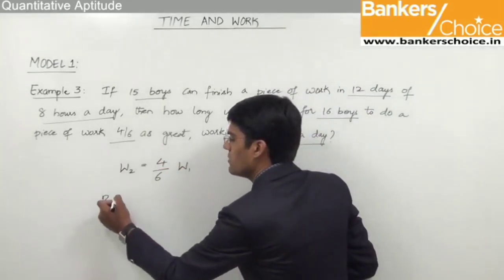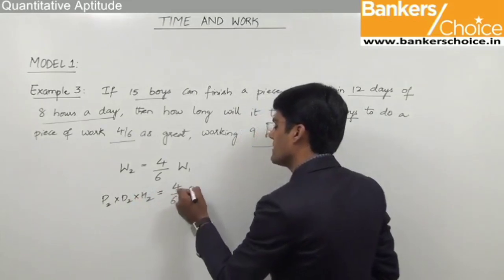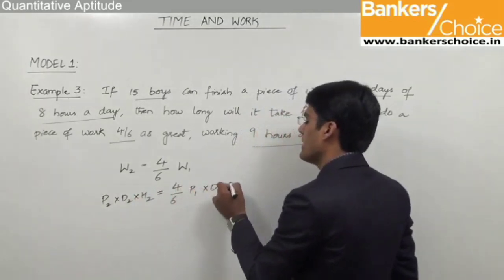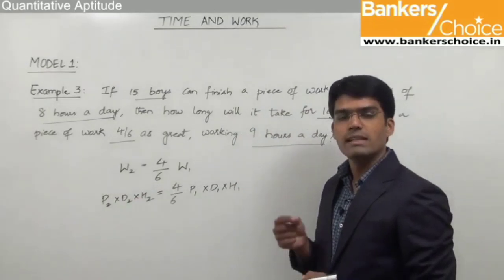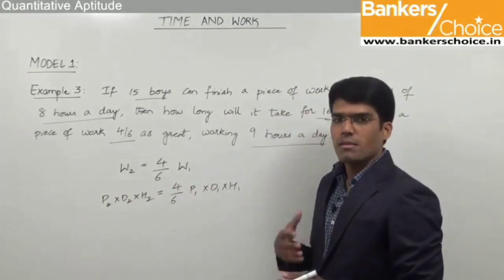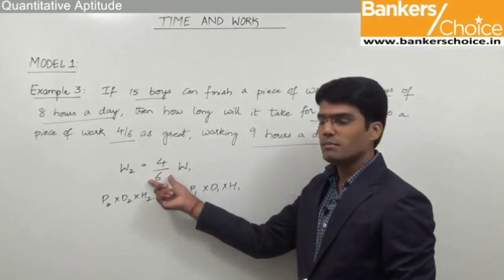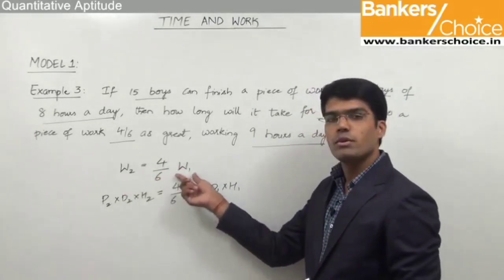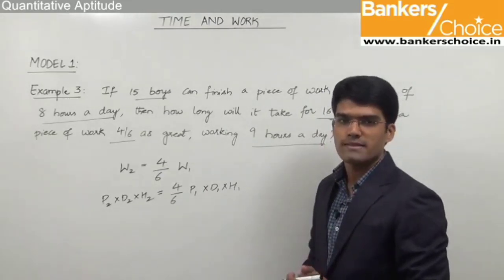So P2 into D2 into H2 should be 4 by 6 times P1 into D1 into H1. So as simple as that. In the previous case, we found that the work done in both the cases was the same, so we took W2 equals W1. But whenever the ratio of the works is given to us, as in this question, we can simply take W2 equals the ratio into W1 and then substitute the given values to find out the required answer.